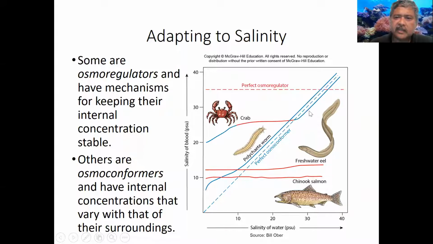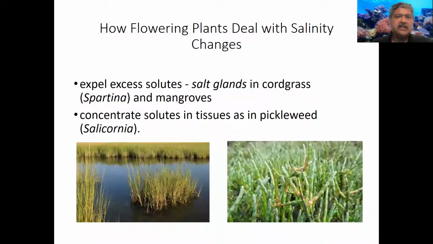You can see there's the blue line coming back, and that means that at higher salinity, what happens is, again, an osmoconformer, and it hopefully will move back to this area over here. So that's how different animals will adapt to the different concentrations of salt in the estuary region.